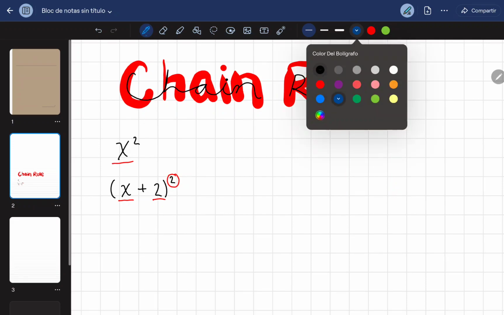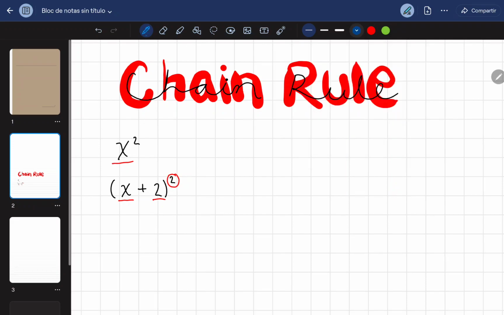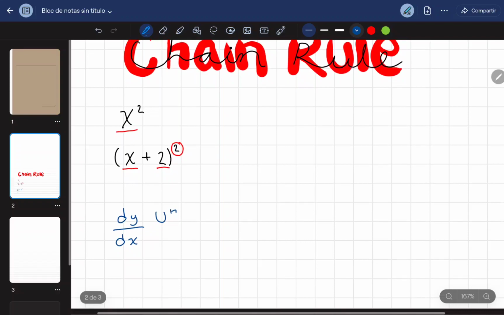The formula says dy over dx of u^n equals, you know that every time we have this power, it goes down, multiplying the u, right?